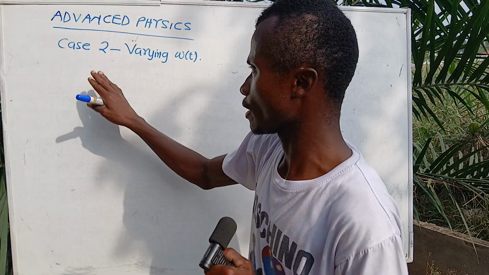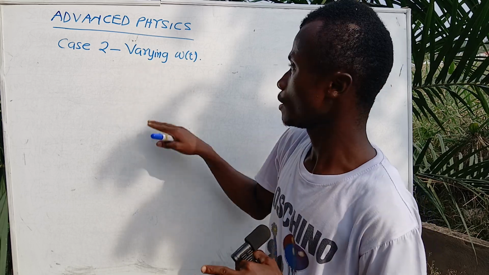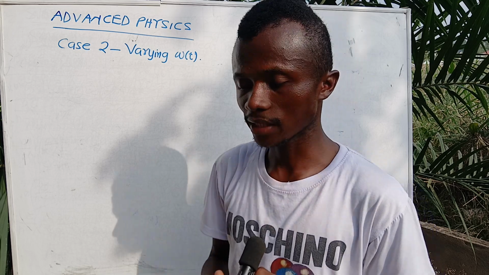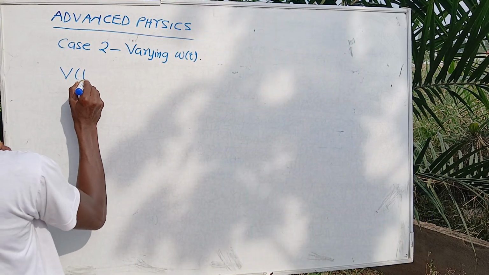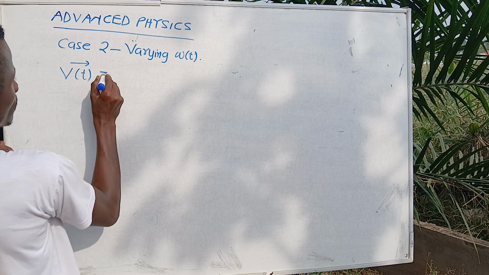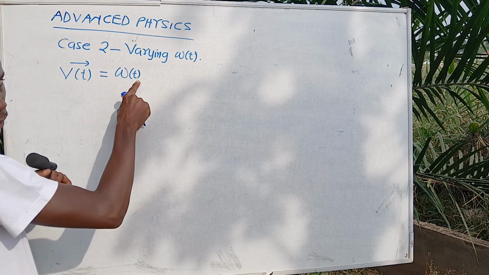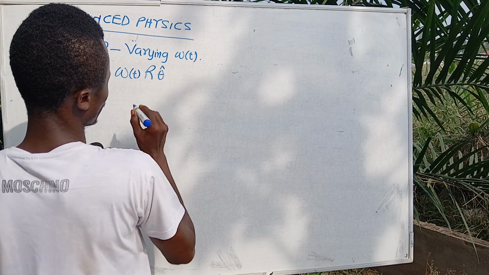So we are looking at case 2, where there is a varying omega of t. The angular velocity is now not a constant. And the only equation in town is that the linear velocity v of t is equal to omega of t, where omega is now a function of time, times r in the direction theta roof.